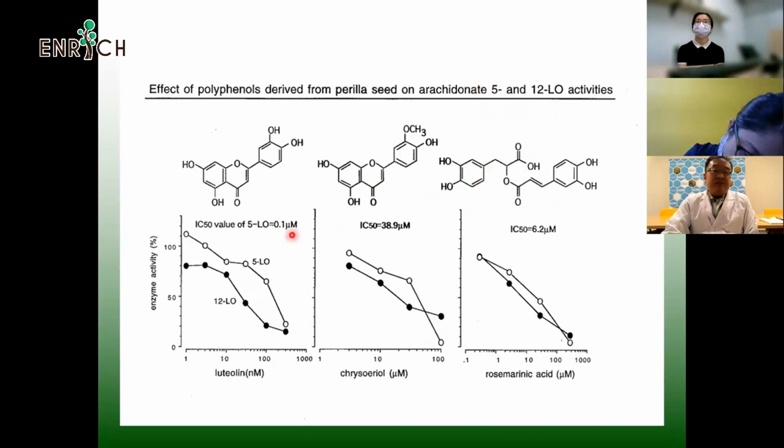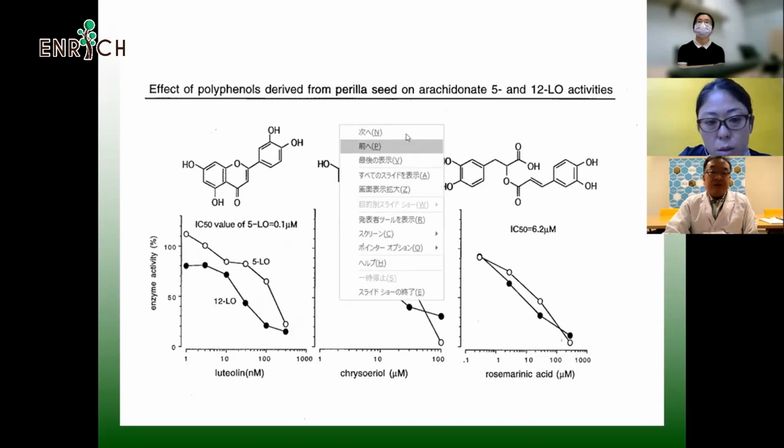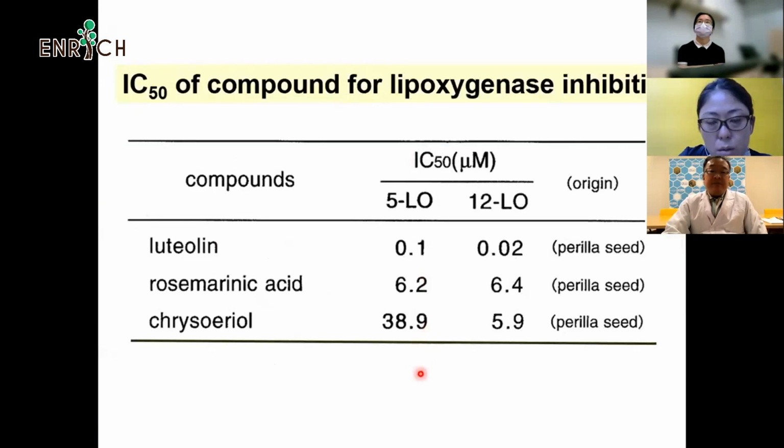Among these compounds, especially luteolin strongly suppressed these enzymatic actions. This is a summary of inhibitory activities of polyphenols of perilla seed against leukotriene synthesis. As you can see, luteolin has the strongest activity against leukotriene release.